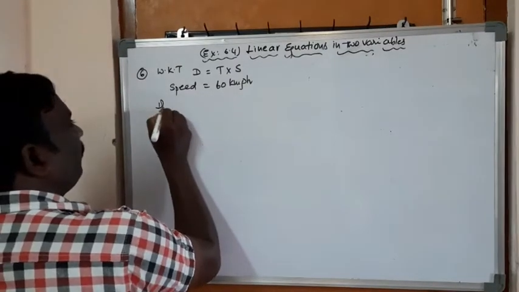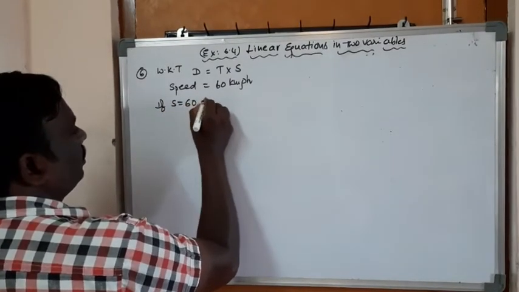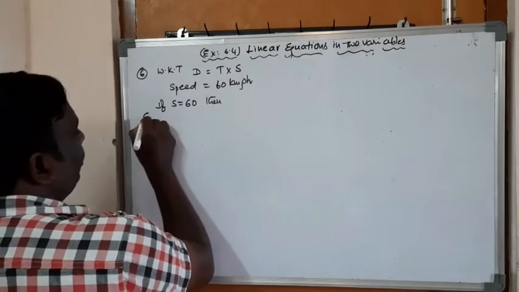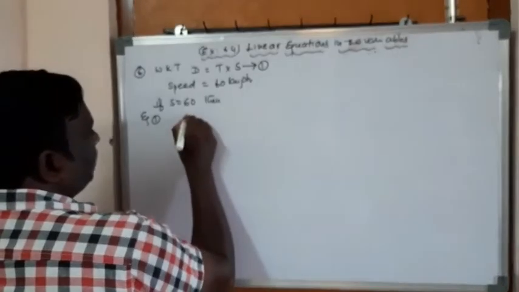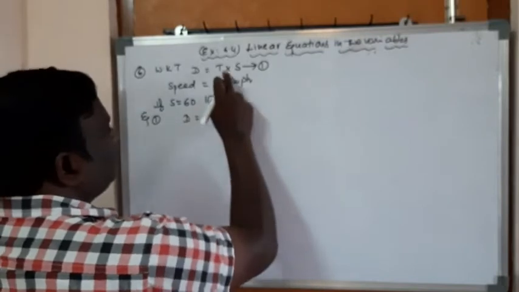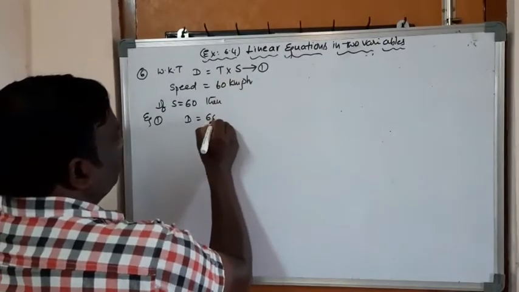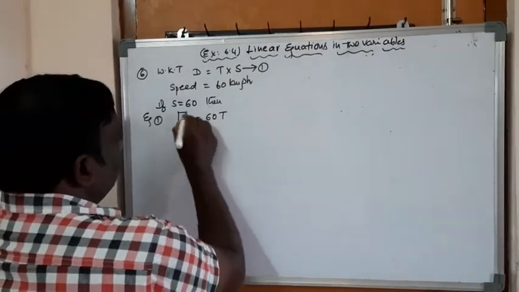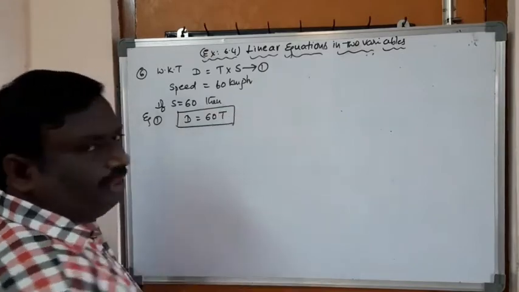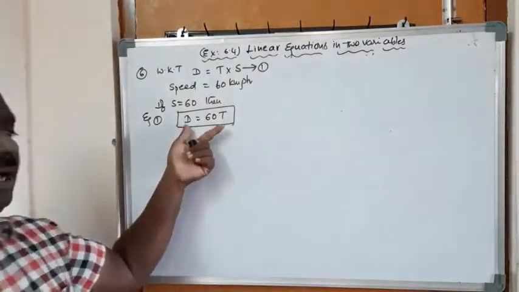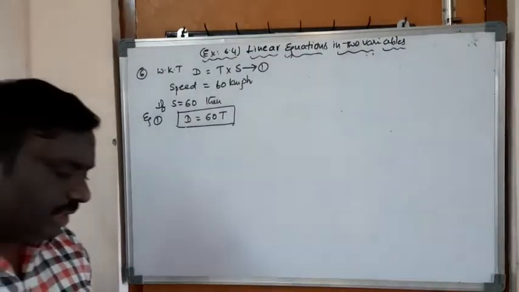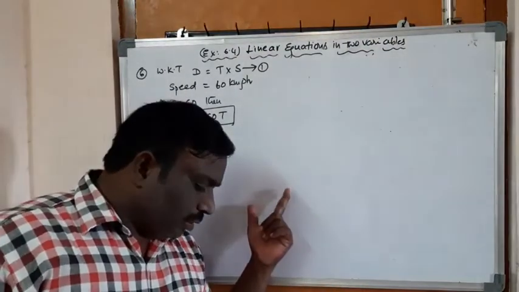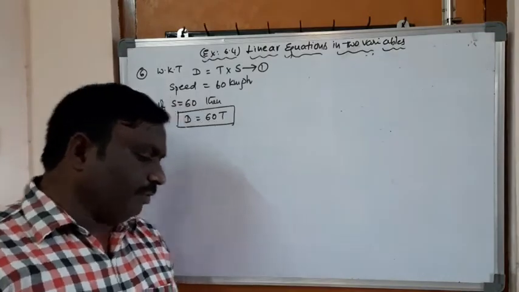That means if s equal to 60, then equation 1 implies, where is equation 1? This is equation 1. Equation 1 implies d equal to 60 into t, that means 60t. This is our pair of linear equations in two variables. Here the variables are d and t. d equal to 60t. For that question we have to draw the graph.